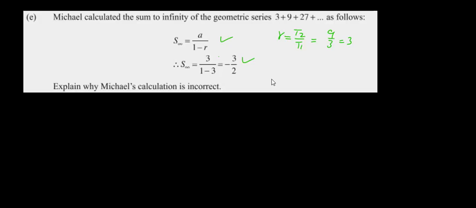So now let's explain why this calculation is incorrect. Because remember, we have what we call a converging series. We said that a series is converging if the value of r is less than 1 and greater than minus 1.